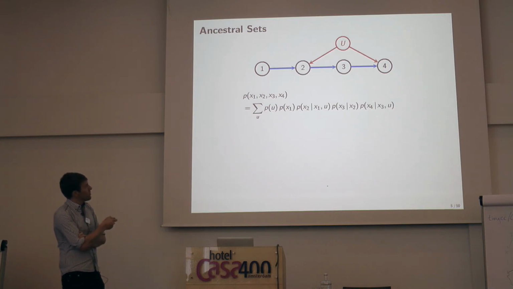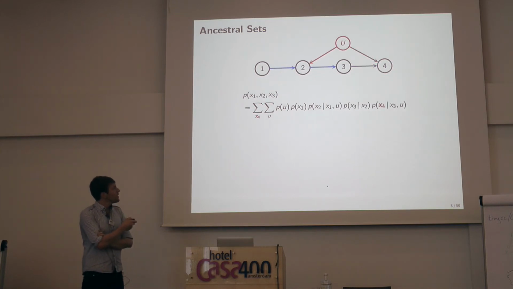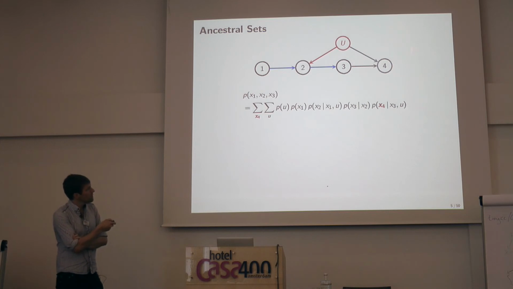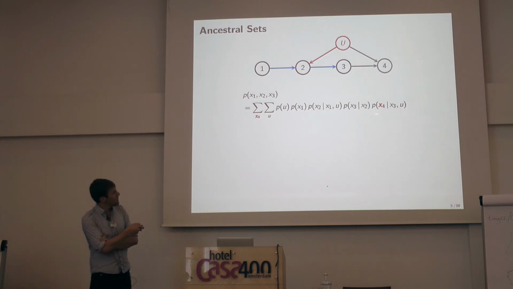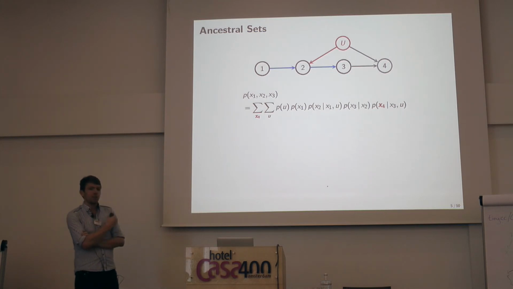Suppose I've got this latent variable model. So I observe this factorization, but then summed over U. And now if I ignore x4, grey that out, if I marginalize that, then that's the same as summing over x4. And I notice that because x4 doesn't have any children, it only appears in one of my factors.